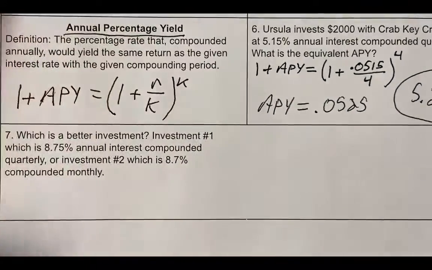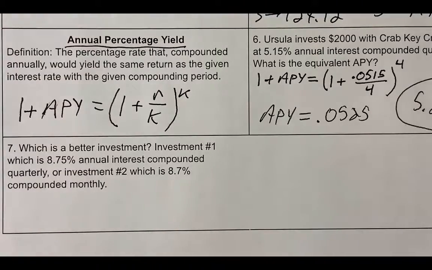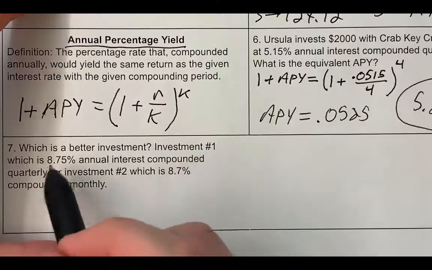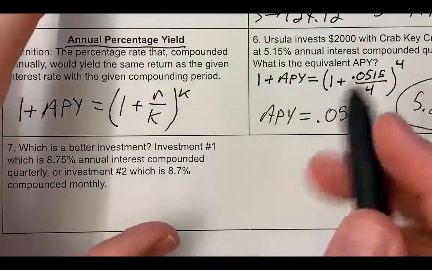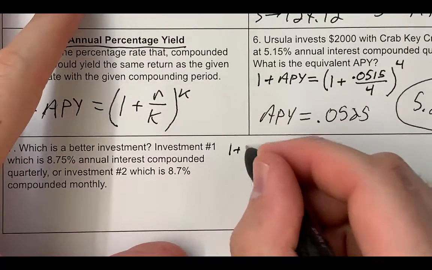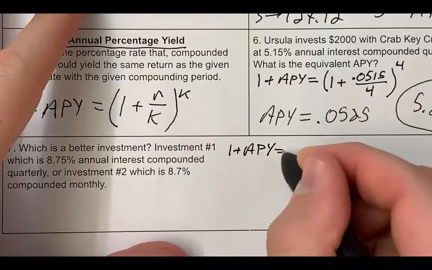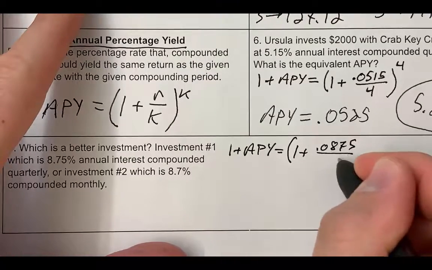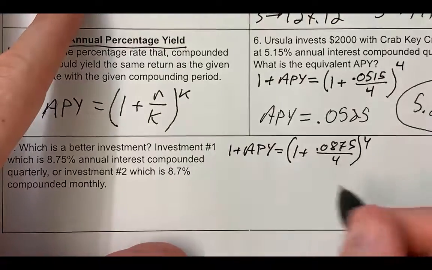Okay, last one. This is a classic annual percentage yield question because it's comparing 2 investments with different interest rates, and you want to know which one is better. The first investment is at 8.75%. We'll set up our formula: 1 plus the APY is equal to 1 plus 0.0875 divided by 4, raised to the 4.